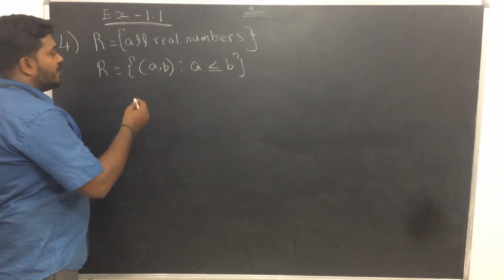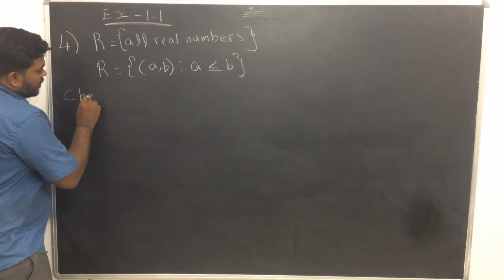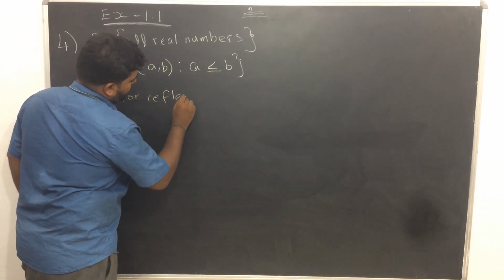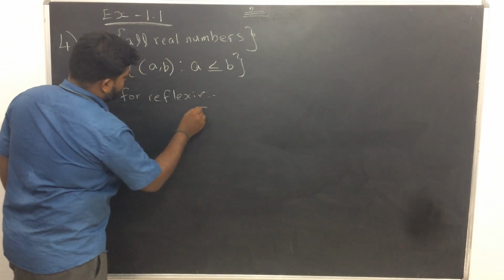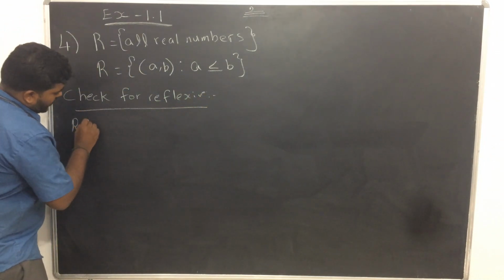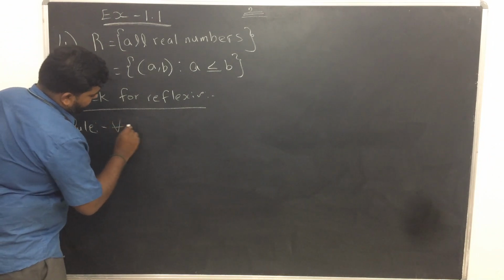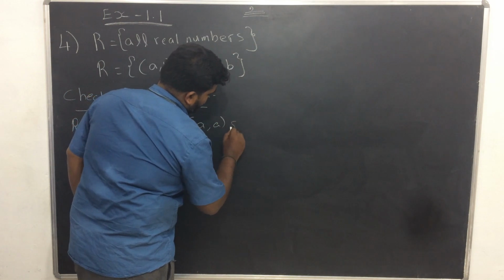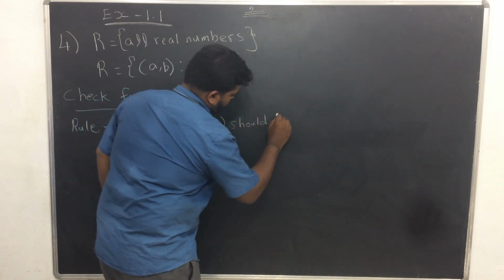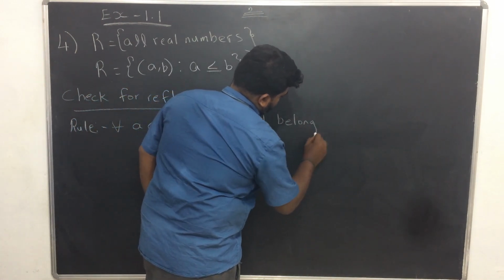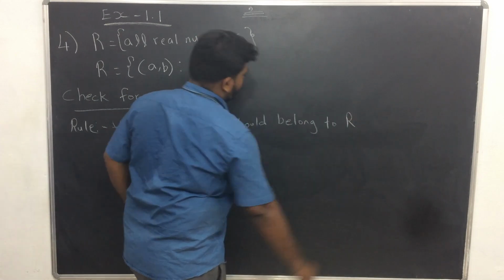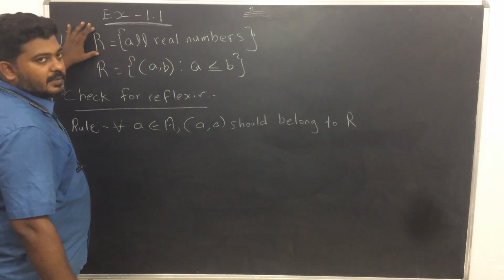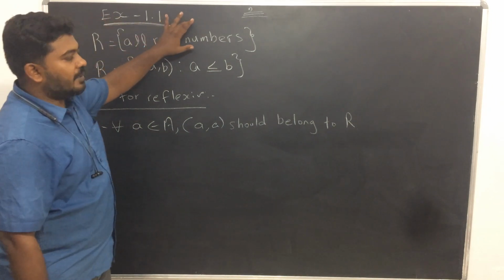How do we prove? Let's start with checking for reflexive. First write the rule. For every A belonging to set A, the ordered pair of the form (A, A) should belong to R. So this is the rule for any relation to be reflexive. Now, the set R is the set of all real numbers.